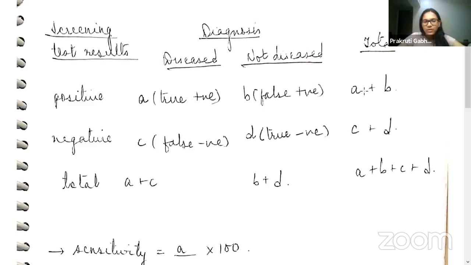The predictive value of a negative test would be the true negatives upon all negatives into 100. Then the percentage of false positives would be false positives upon those not diseased into 100, whereas the percentage of false negatives would be false negatives upon those diseased into 100.